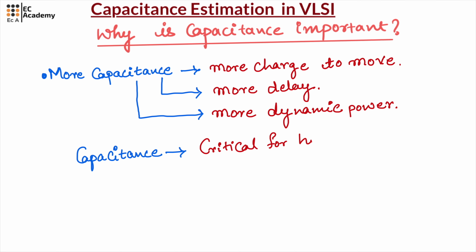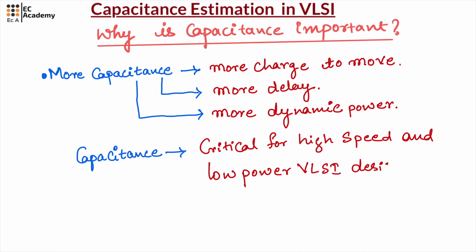This is critical for high speed and low power VLSI design. In modern VLSI design, we want circuits that are fast and low power. But large capacitance works against both of these, which means large capacitance can increase delay and dynamic power. Therefore, when designing a VLSI circuit, we try to control and reduce unnecessary capacitance.